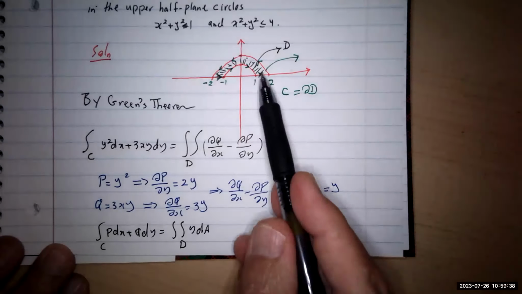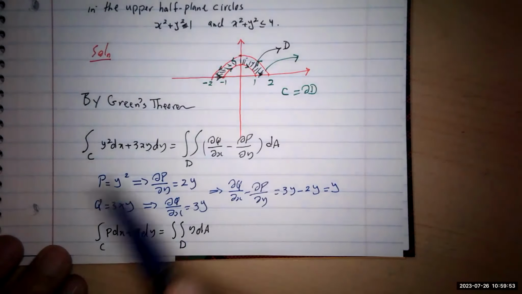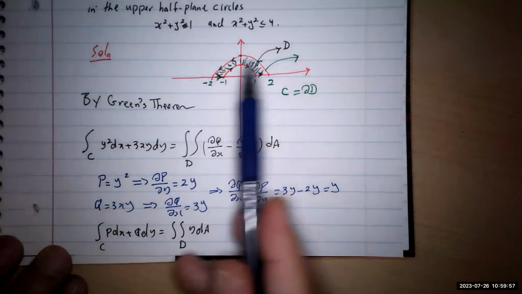Now the domain is that semi-annular region. To get this integral, you have to change it to the polar form because the domain is circular. As you can see, between the two circles the radii are 1 and 2.